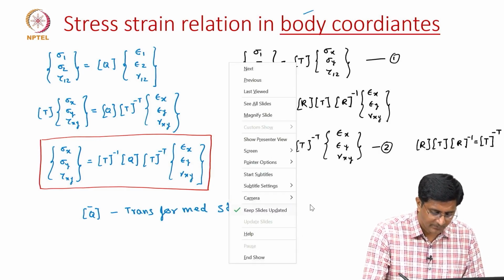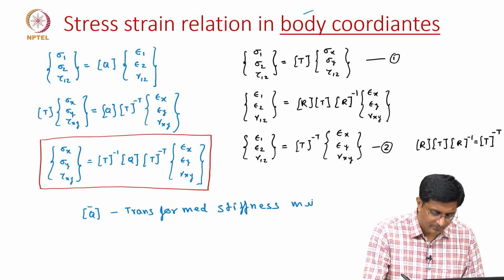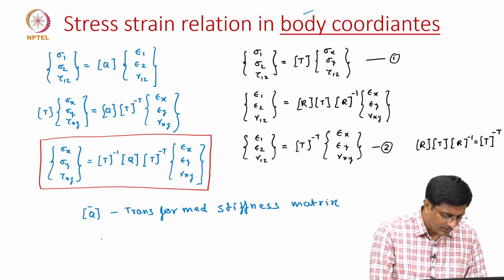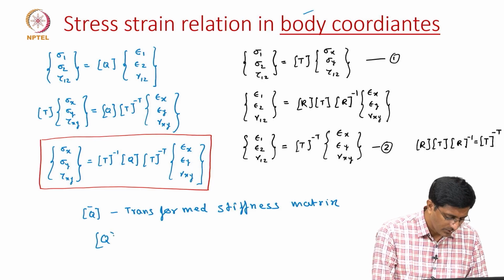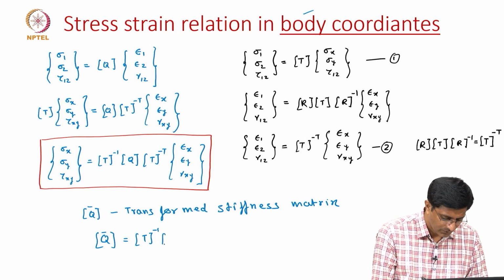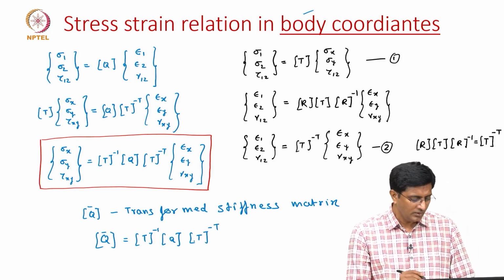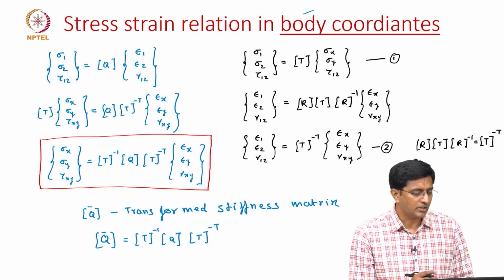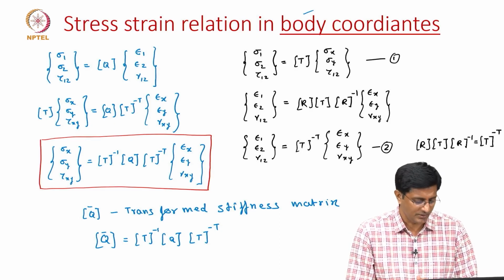Then looking at this expression, we should be able to say that Q dash is equal to T inverse Q T inverse transpose. This should give us the transformed stiffness matrix for stress strain relations in the body coordinates.